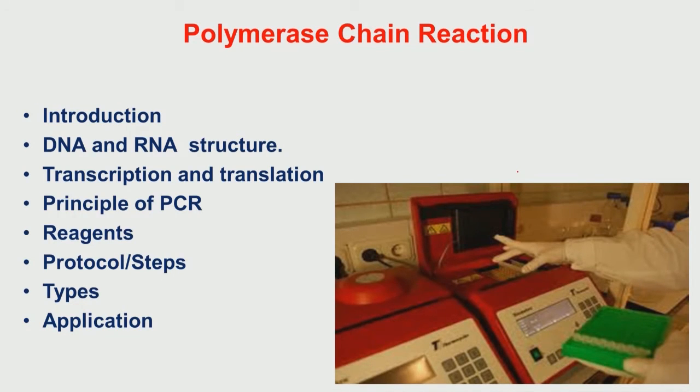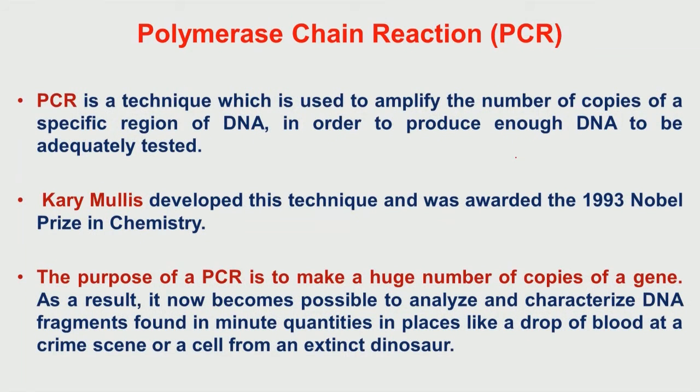The quantity of mRNA can be extremely small, so you have to amplify this mRNA expression, and this amplification is possible if mRNA undergoes the polymerase chain reaction. It is essentially a technique used to amplify the number of copies of a specific region of DNA in order to produce enough DNA to be adequately tested.